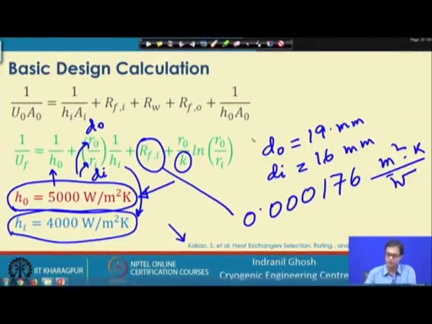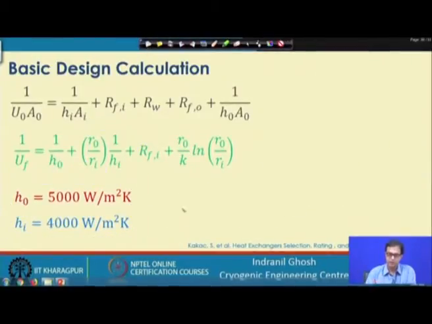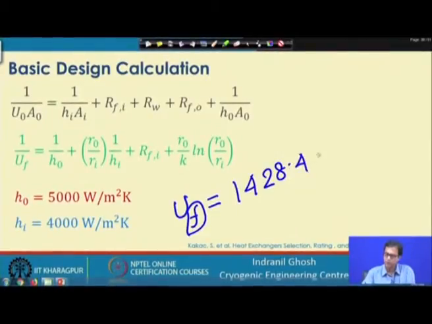So, if we put all these values, we will find Uf, where we consider the fouling resistance. This comes out to be 1428.4 watt per meter square Kelvin.